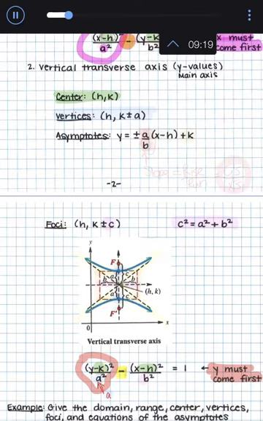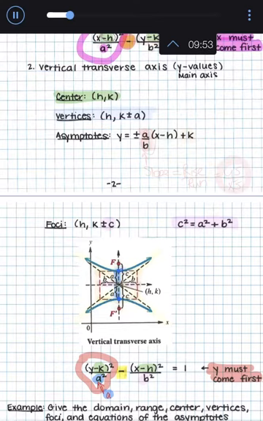On this one, because you're actually pointing up and down, it's what's going to move you up and down from the center. Again, this is going to come from your A that's on the bottom. That's how much you'll go up and how much you'll go down from the center to come up with the vertices. To get both of those. Okay.